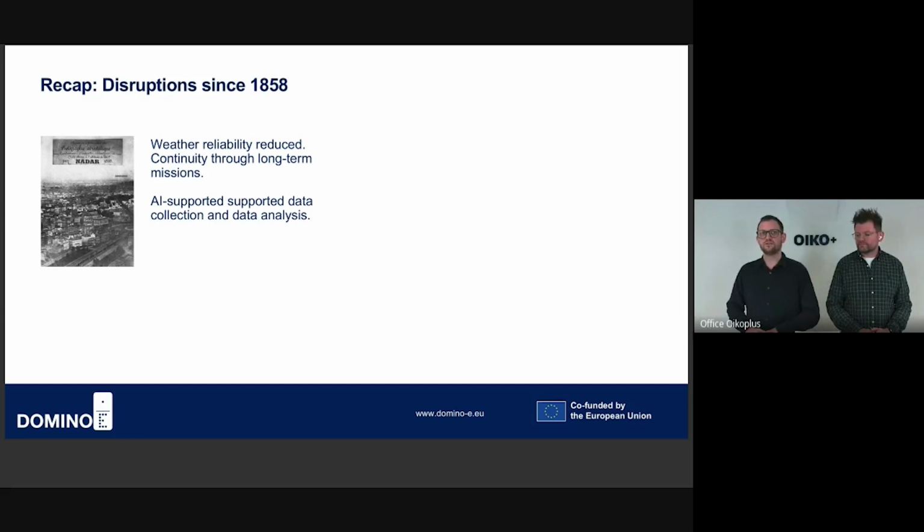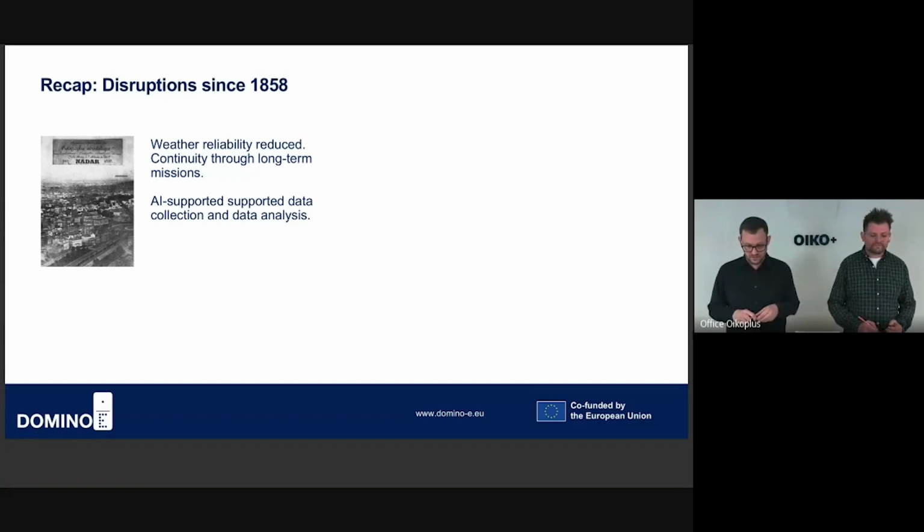So I think that's a good opportunity to compare to what we have today and also where we could go in the future. Other than Felix Nadar, the picture that you see here once again, we can now operate through clouds. We can operate not only during daylight, but also at night. We can operate under adverse conditions that are, for example, independent from winds.